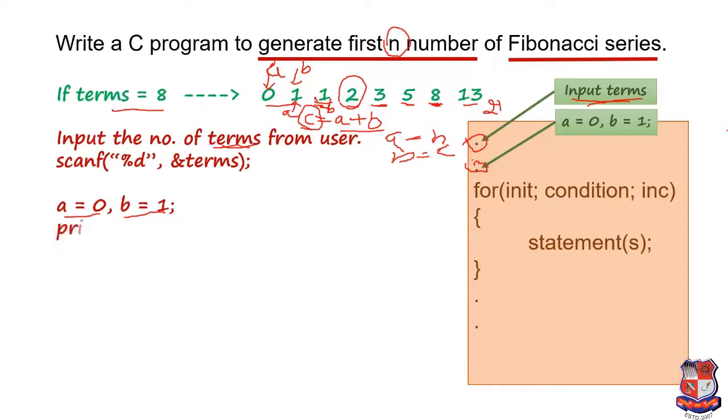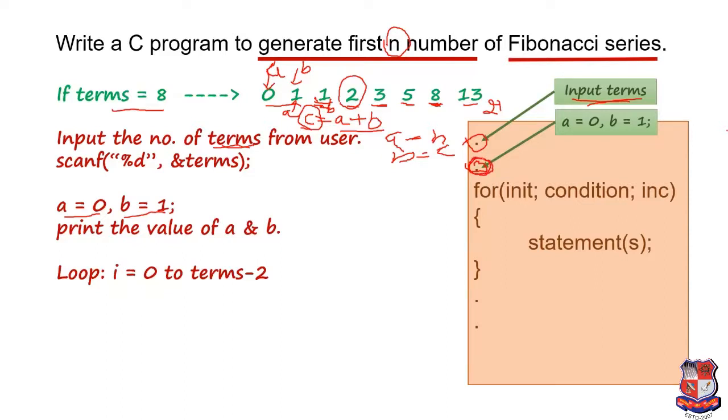Now we have to print the value of A and B over here only, because inside the loop it will only calculate the value of C. So we must write the values of A and B over here. Now we are going to write the loop. We'll start a loop from 0 and go up to terms minus 2.